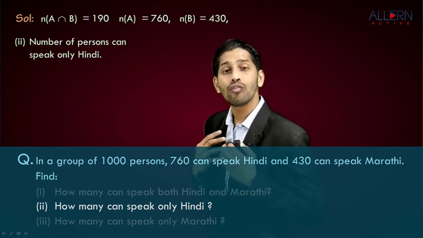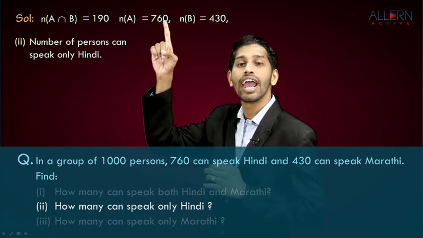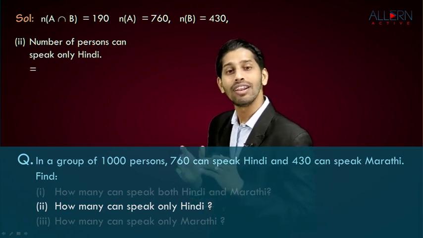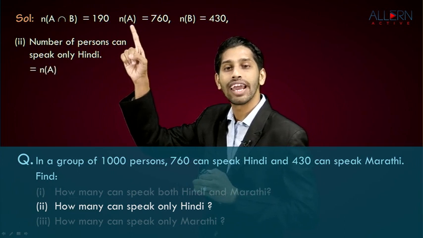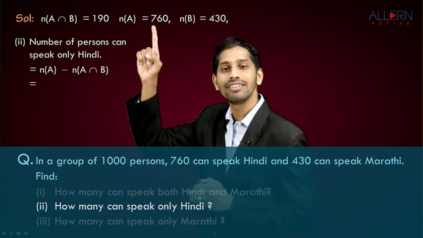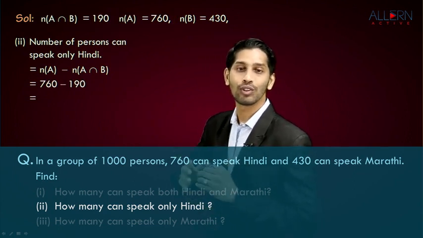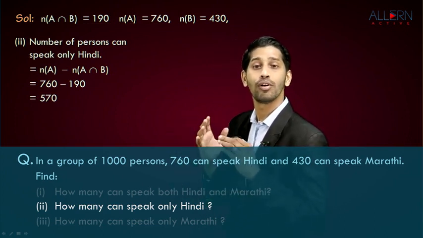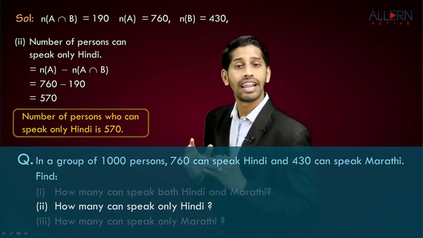That means to find the number of persons who speak only Hindi, I have to subtract this 190 from 760. So I subtract n(A) − n(A ∩ B), that is 760 − 190, and we get 570. So the number of persons who can speak only Hindi is 570. That completes our second sub question.